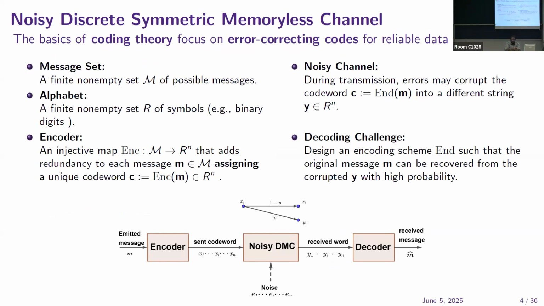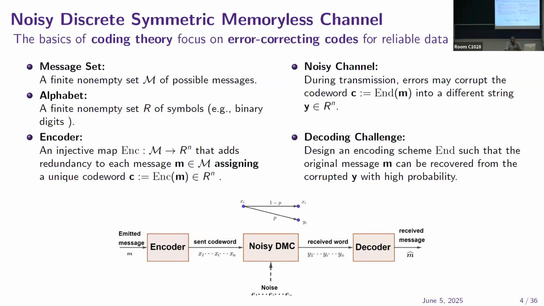Okay. The basics of coding theory focus on error correcting codes for reliable data transmission. We have the message set. The message set is the finite non-empty set. Denote M the possible messages. We have the alphabet. The alphabet is the finite non-empty set.